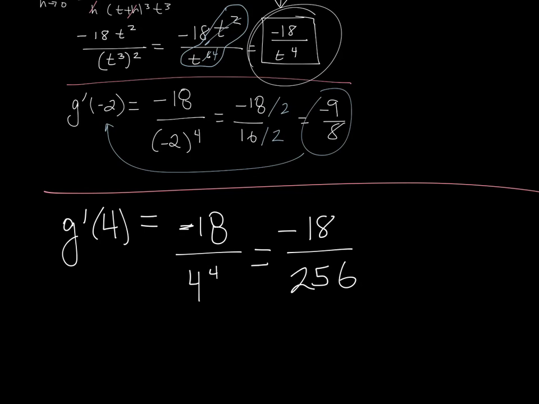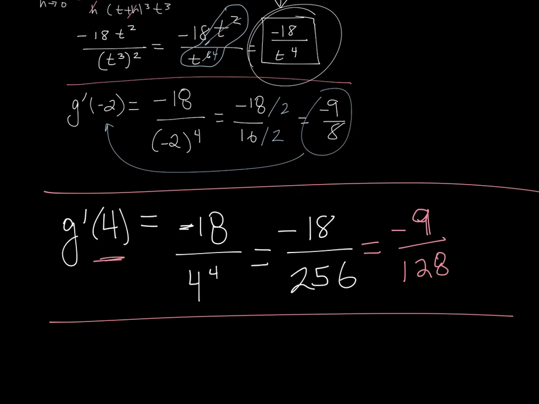And I look at reducing that. Both of these I can divide by 2. So -9 over 128. Again, what does that number mean? That number is the actual slope at t equals 4.